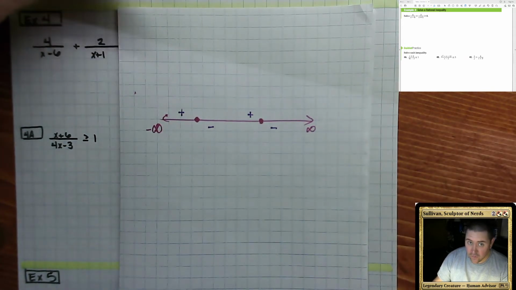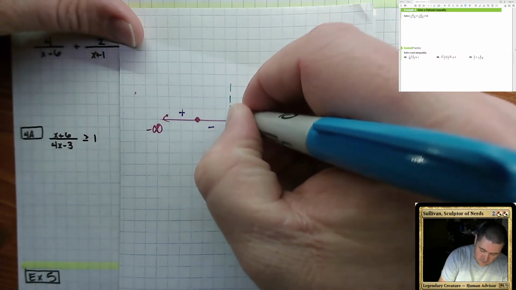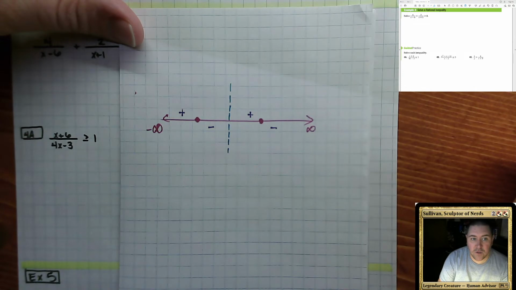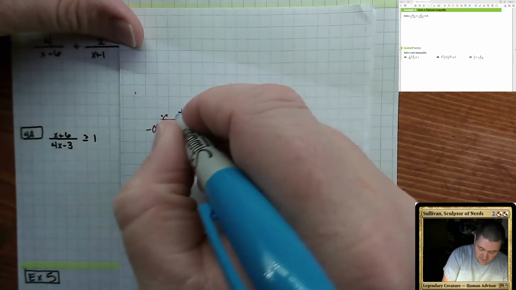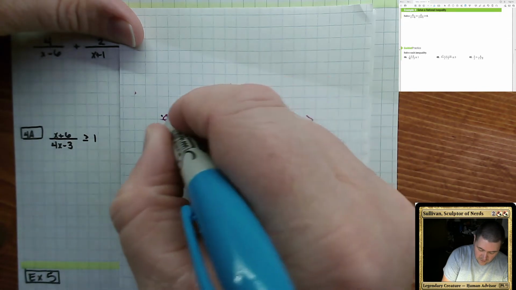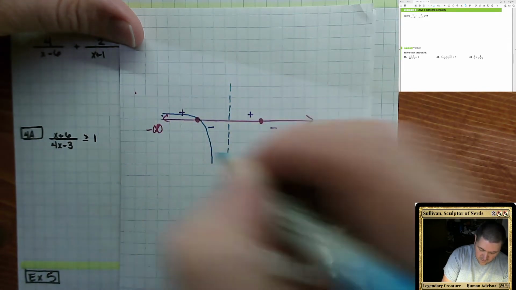Well, rational functions have another feature, asymptotes. How many times have we seen something like this?